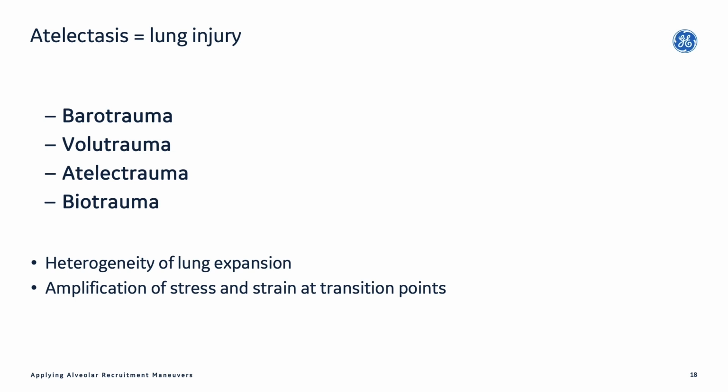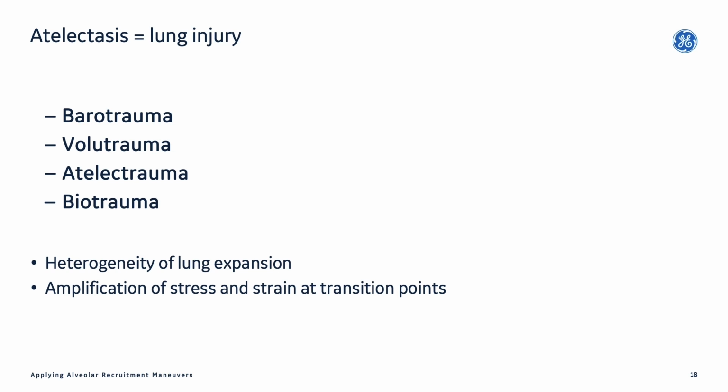Taken all together, barotrauma, volutrauma, and atelectrauma can combine to produce an inflammatory mediated trauma to the lungs called biotrauma. Taken together, these are the mechanisms by which atelectasis produces postoperative pulmonary complications, lung injury, and postoperative respiratory complications.